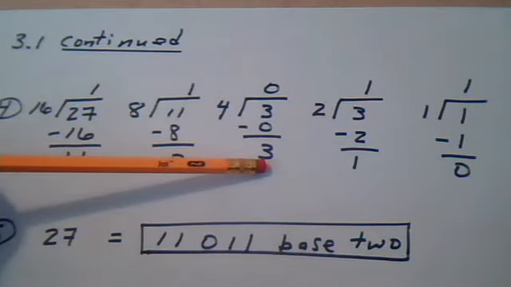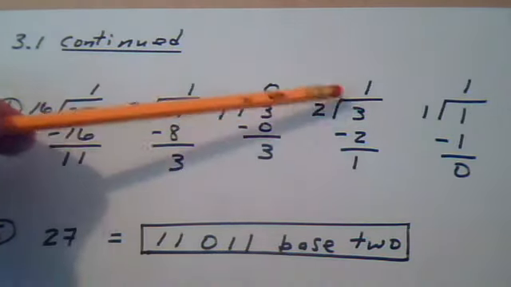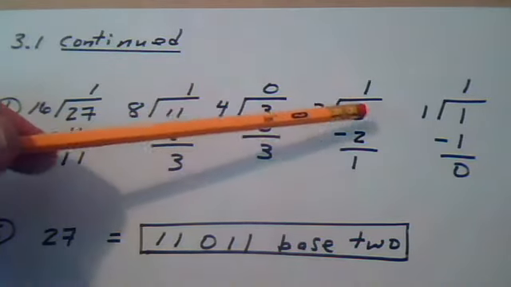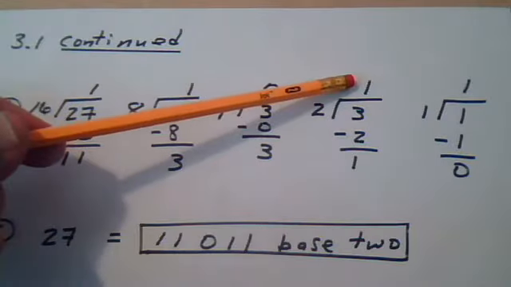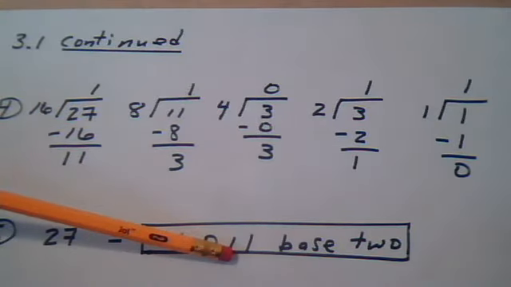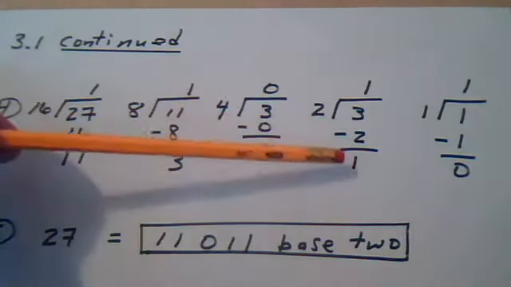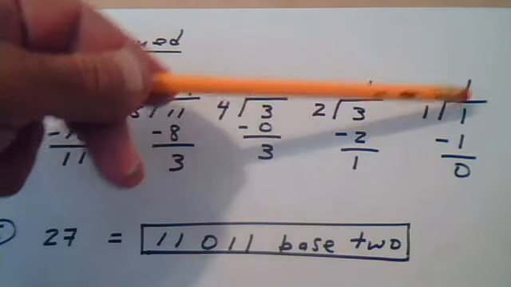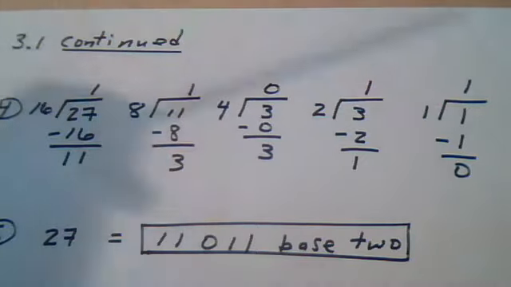Remainder is 3. Now 3 divided by the next value, the next place value, is 2. 3 divided by 2 is 1. That's why we have this 1 here. Finish your division, you have a remainder of 1. Now start the division here. 1 divided by 1, which is the first place value.